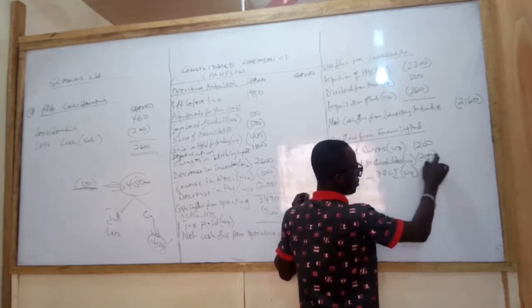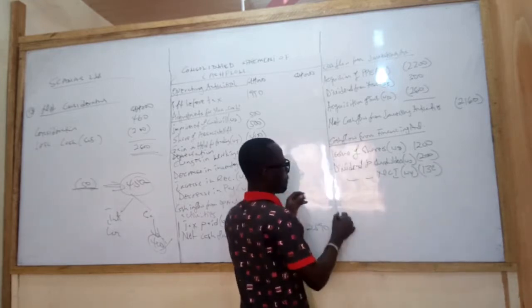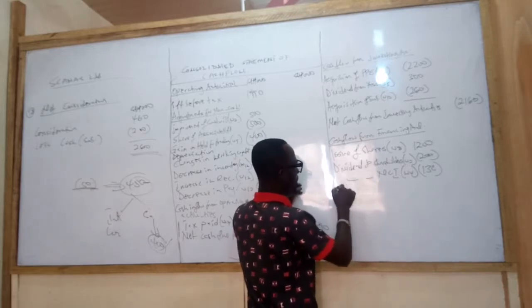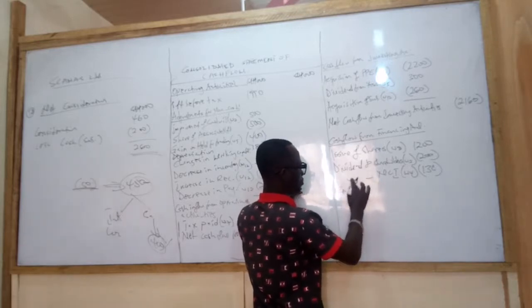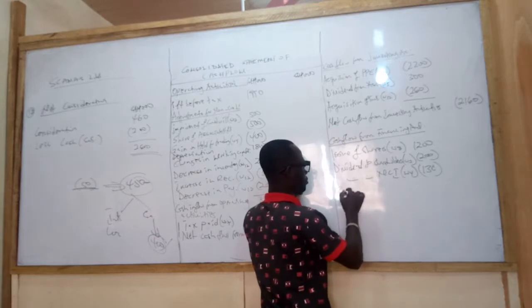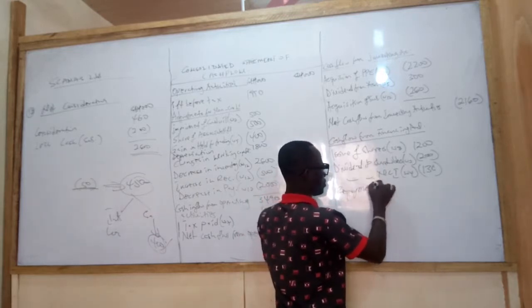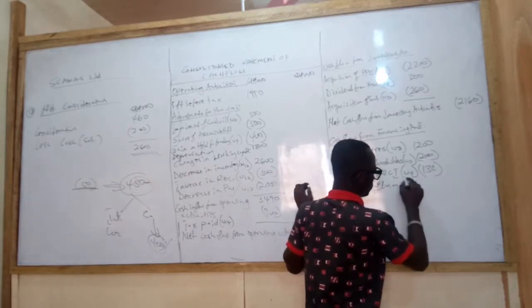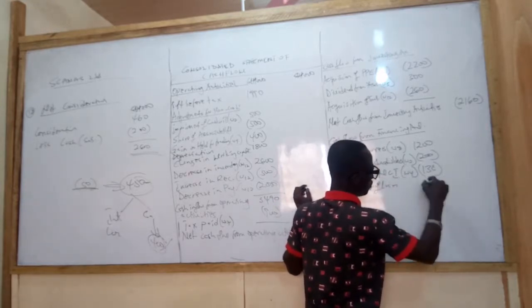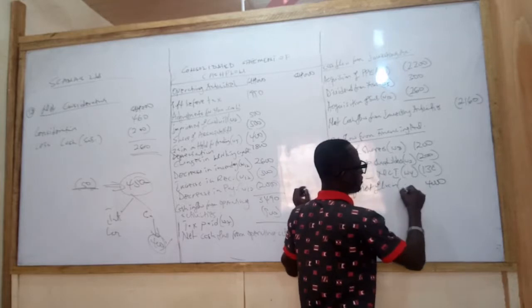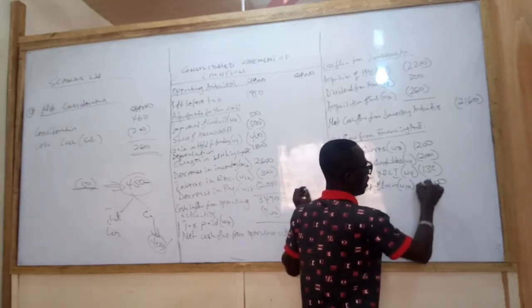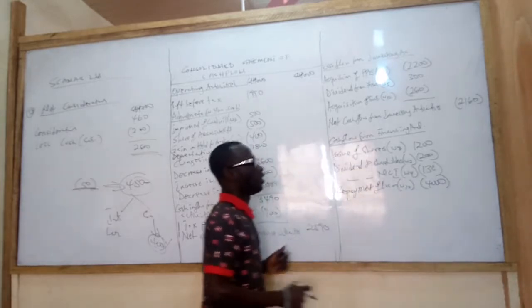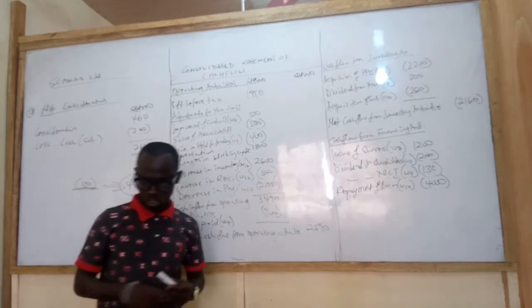Then repayment of loan. How much was it? 4,000. Workings. Is that all? We've dealt with everything in level. Yeah, so let's go for it.